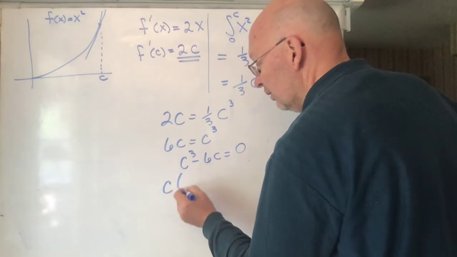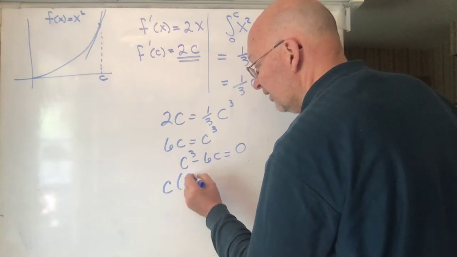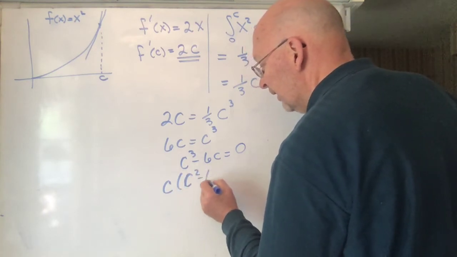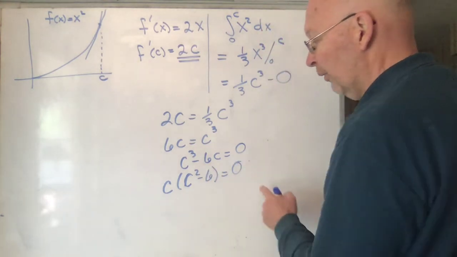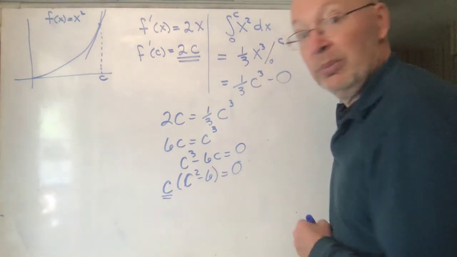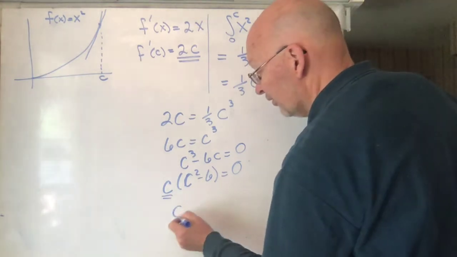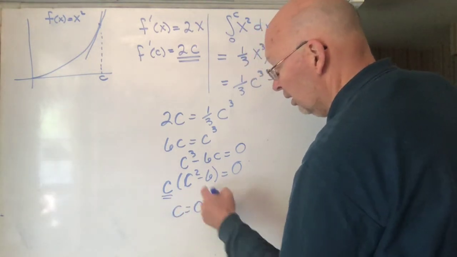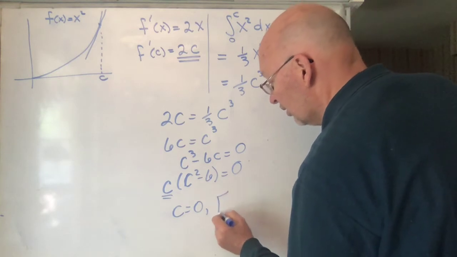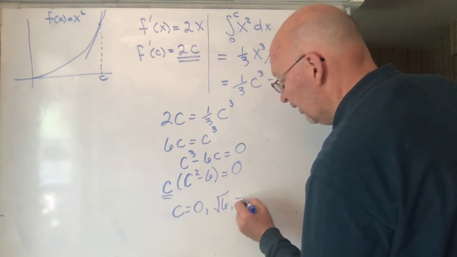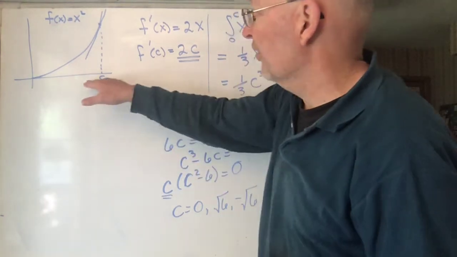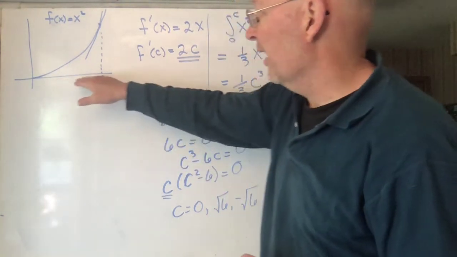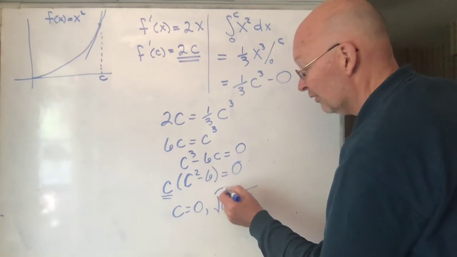Factor a c out, and you're going to get c squared minus 6 is equal to 0. And so when will that be 0? It'll be 0 either when c is equal to 0, or the square root of 6, or the negative square root of 6. We're looking at just the positive x-axis here, so this would be the choice.